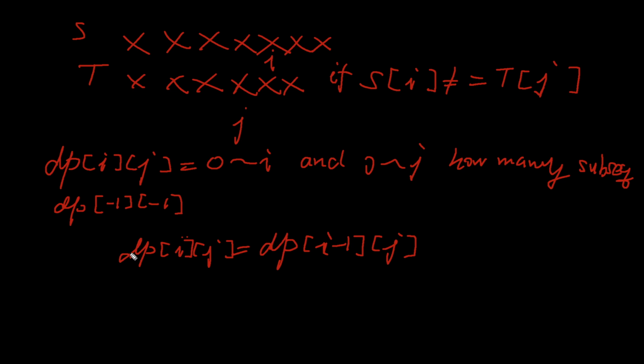The number of subsequences DP[I][J] equals the number of subsequences DP[I-1][J], because the current one doesn't equal this J, we cannot match I to this J. So we have to go back to I minus 1, hoping DP[I-1] can somehow match this J. And keep in mind that based on our definition of this problem, we cannot consider DP[I][J-1]. So that one is not right.